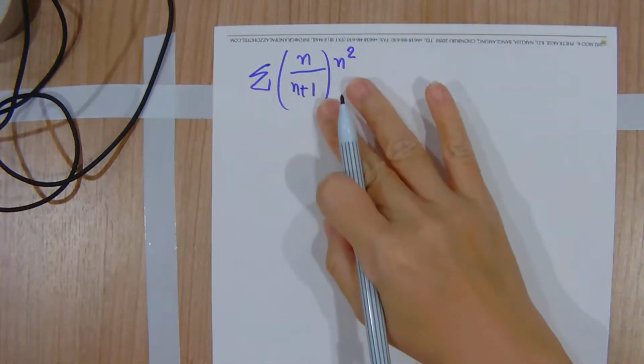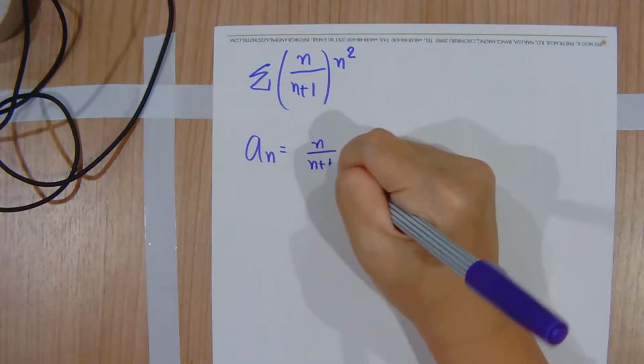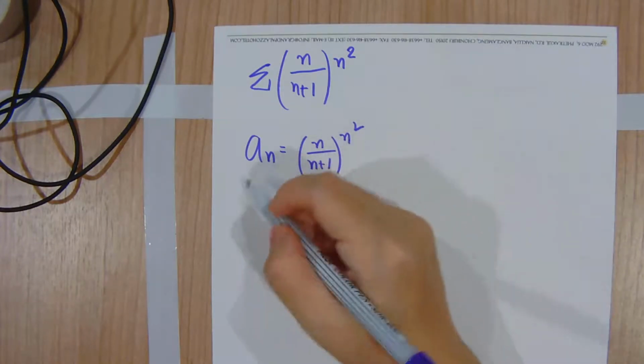Okay, so this is in terms of a power of n squared. Then think about the root test.